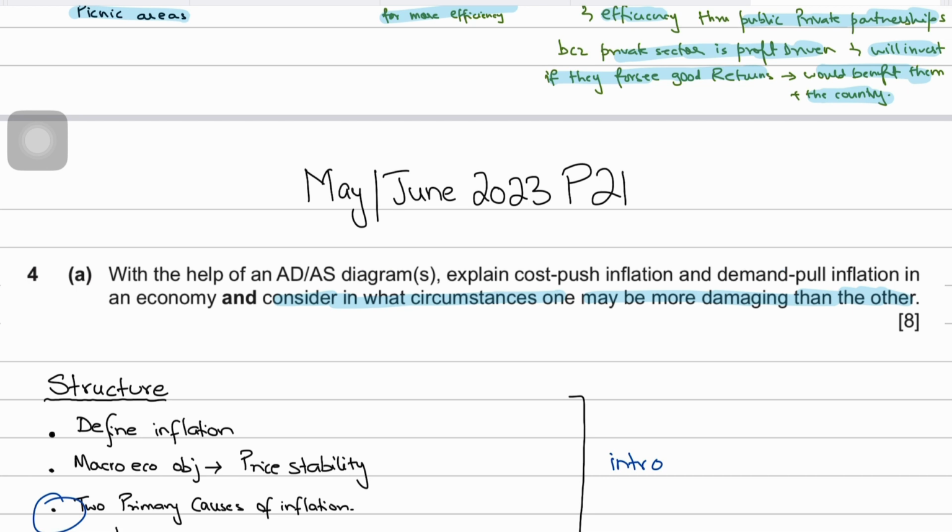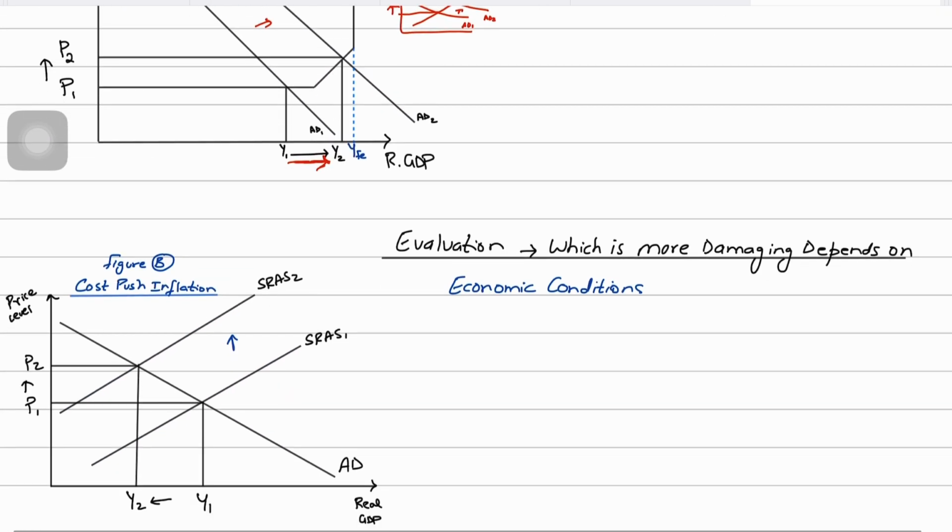So you could mention a circumstance where demand push inflation could be more damaging than cost push inflation, and a circumstance where cost push inflation could be more damaging than demand push inflation. And you could say that which of these inflations is more damaging depends upon the economic situation, because this is the evaluation.